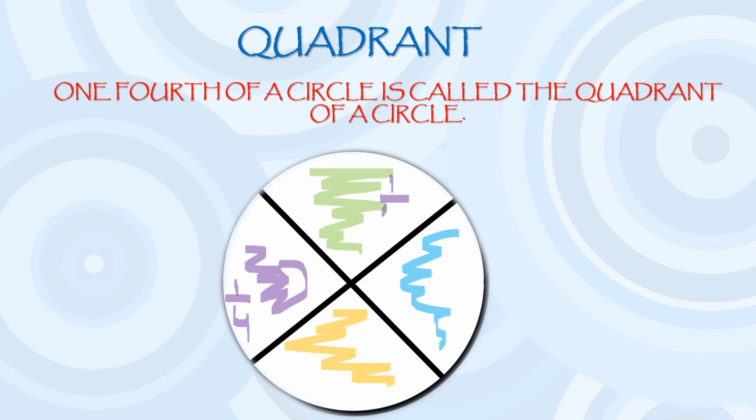Here also it is 1/4 of the circle. So four parts of the circle, each having fraction 1/4, make the full circle. That means four quadrants are required to make one complete circle.